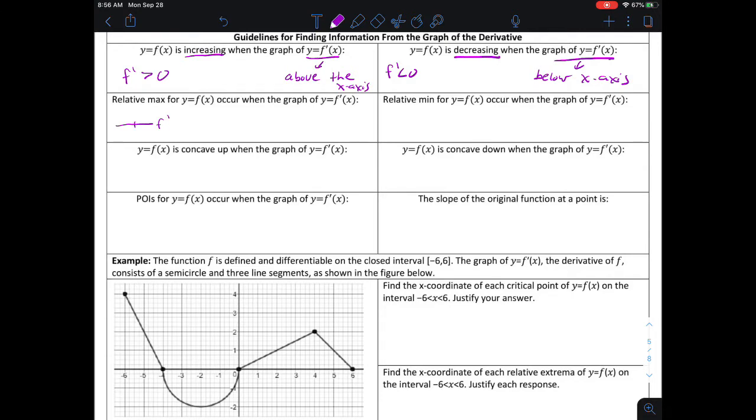And our relative extrema: a relative maximum for f of x, if I'm looking at a sign chart for my derivative and I have some x value c, we're going to have a max where we go from a positive to a negative derivative, or if my graph goes from increasing to decreasing. So on the graph of my derivative, it's where we go from above to below the x-axis.